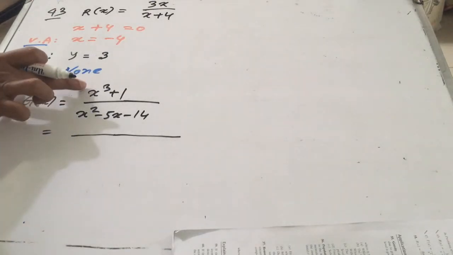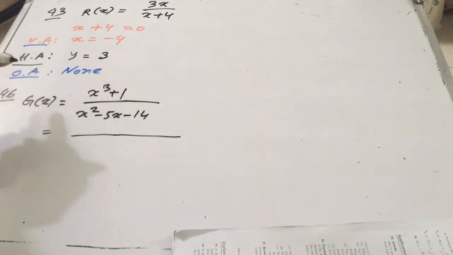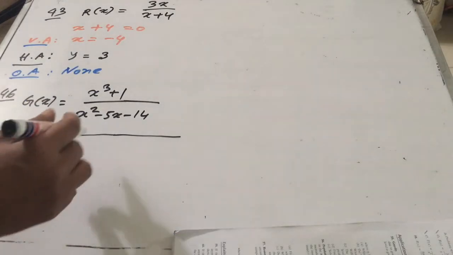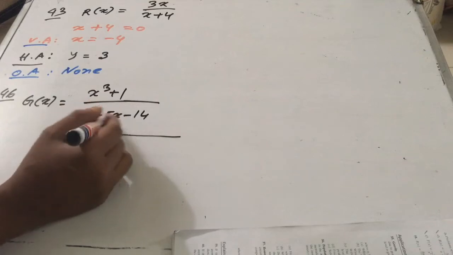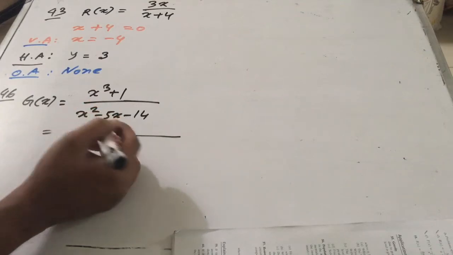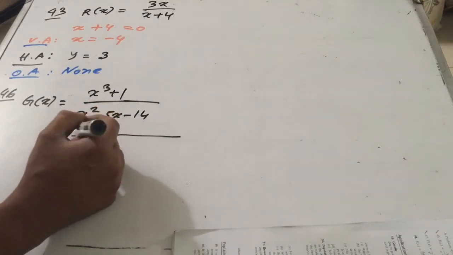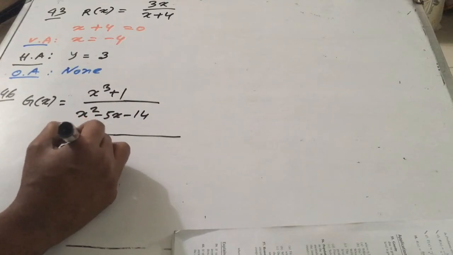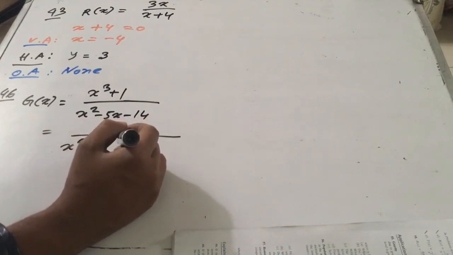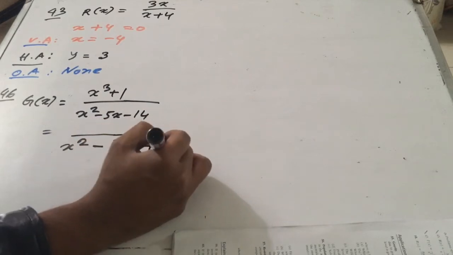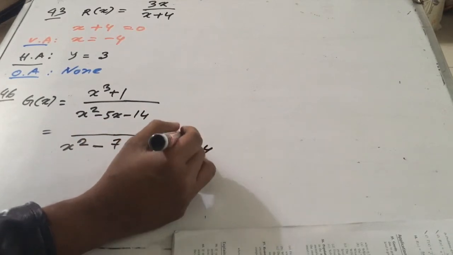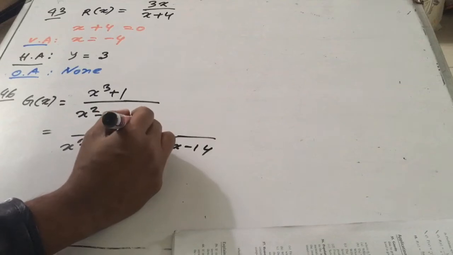We can do something in the numerator also, but I can see it is unnecessary most probably, because from here there will not be any plus 1 term. So if we do the factoring here, this will become x squared minus 7x plus 2x minus 14, and x cubed plus 1.